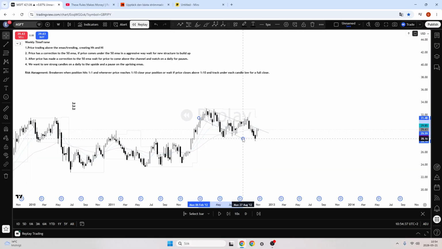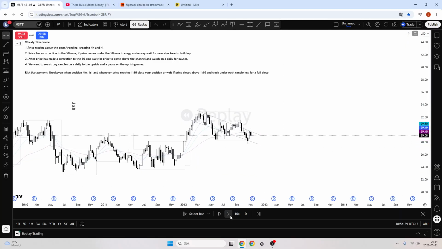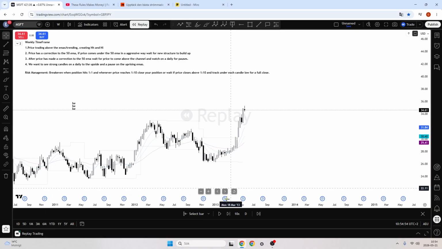So you kind of have this channel right here. Let's see if price reaches above that. Starting to sell off. So we just ignore. Starting to set in new structure right here.